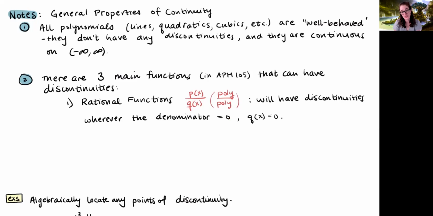This is really similar to domain. A lot of functions are only continuous on their domain. So in that vein, with continuity on the domain, root functions, even root functions, will have discontinuities wherever what's inside of the radical is negative.